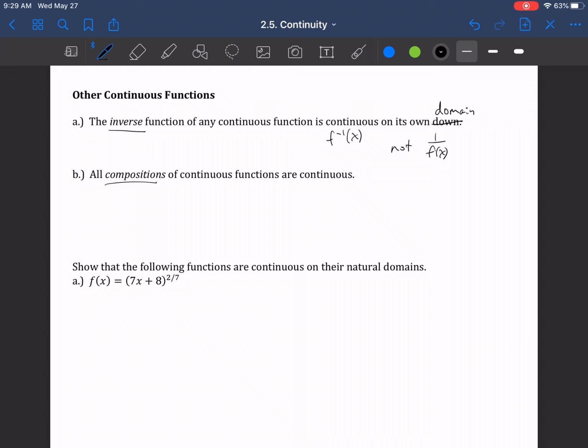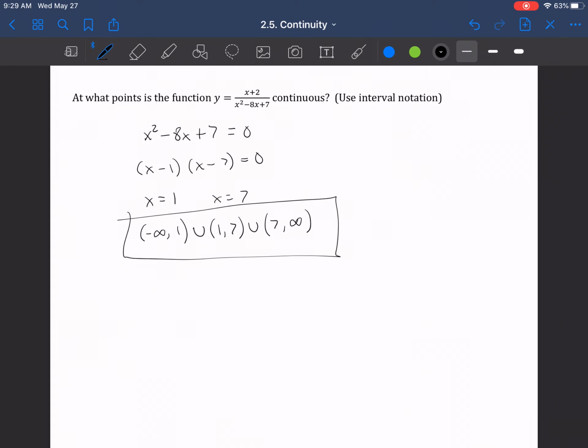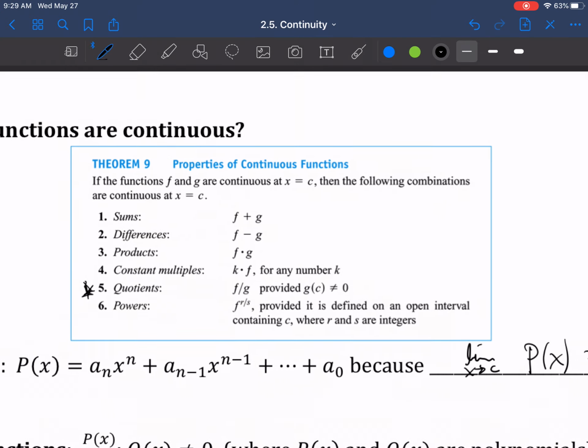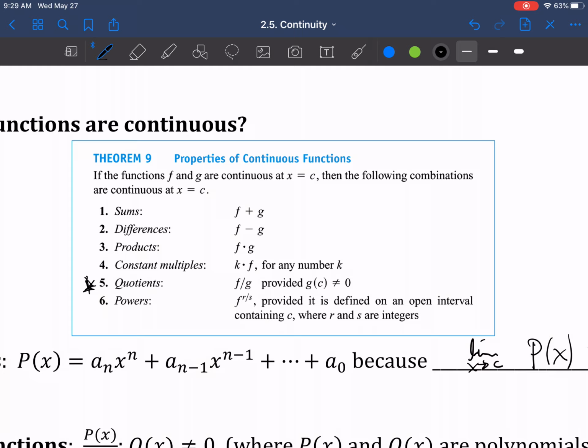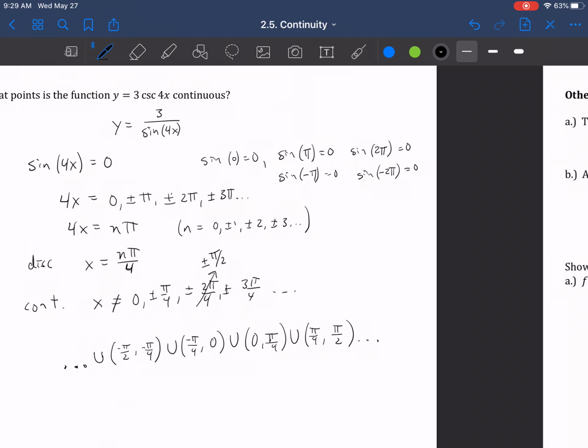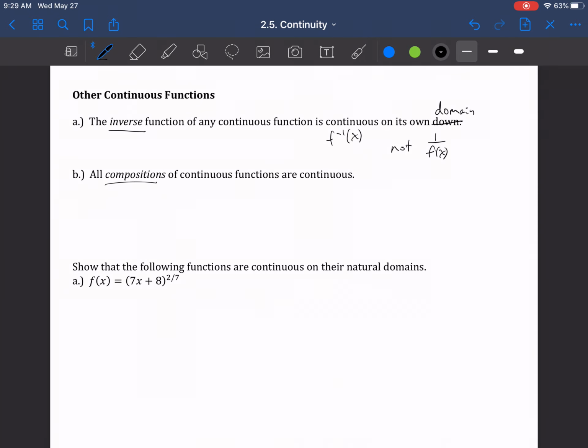We're basically going to want to use our combinations of rules to try and figure out when they're not continuous, which we did here in the last video, these kind of properties of continuous functions. So if we look at this one, we can actually write this as a composition of two functions.